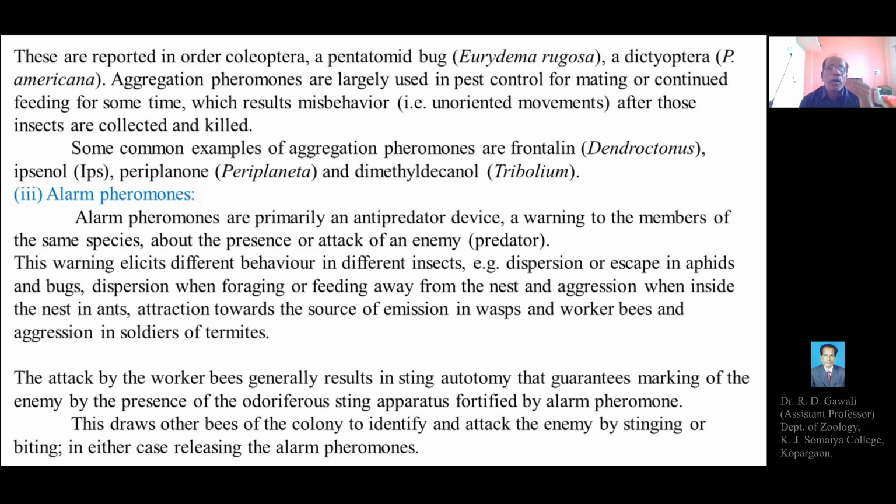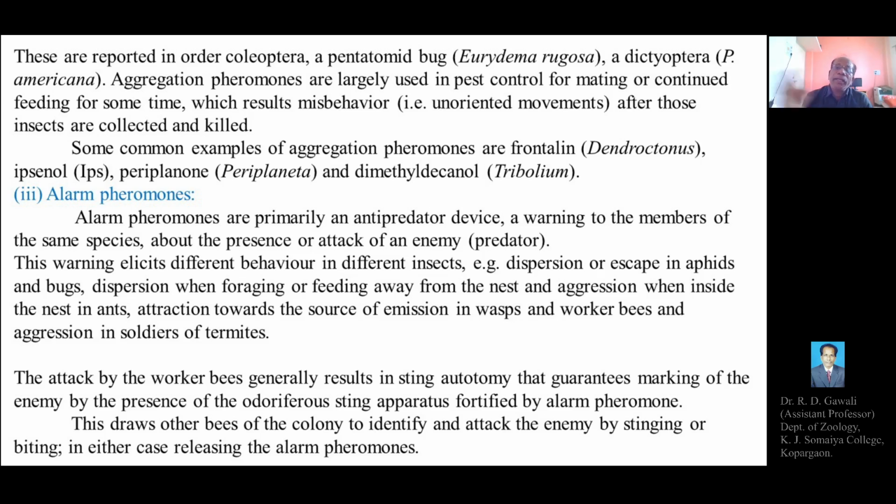So this will stimulate other bees of the colony to identify and attack the enemy by stinging or biting, or in either case releasing the alarm pheromones. So whenever there is an enemy present around the honeybee colony, the worker bees release the alarm pheromone from the odoriferous sting apparatus, and this will convey the message regarding the presence or attack of the enemies.